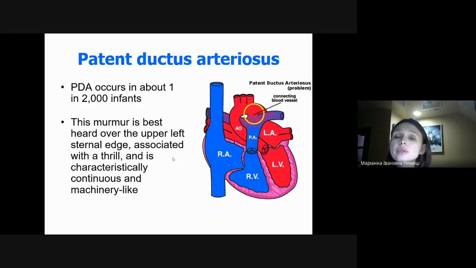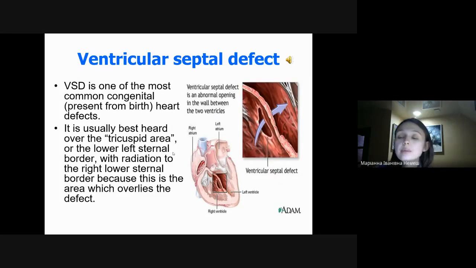Patent ductus arteriosus occurs in about one in 2,000 infants. This murmur is best heard over the upper left sternal edge and is associated with a thrill, and is characteristically continuous and machinery-like.